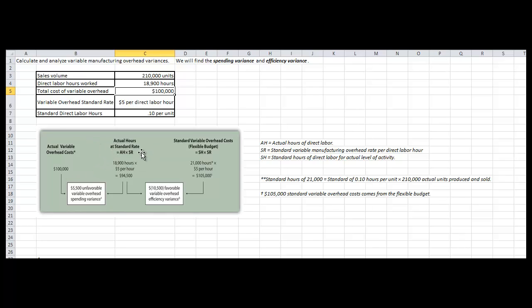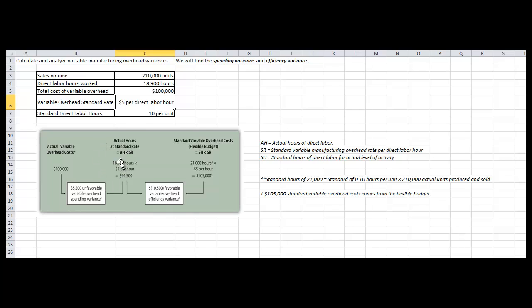And then for this one, we're going to have the actual hours at standard rate, which is equal to AH times SR. Over here we have our abbreviations, and AH is equal to the actual hours of direct labor, times SR, the standard variable manufacturing overhead rate per direct labor hour. So we're going to be taking AH, which is this 18,900 hours, times the $5 per direct labor hour to find the actual hours at standard rate.